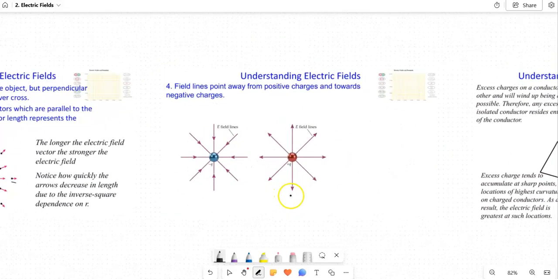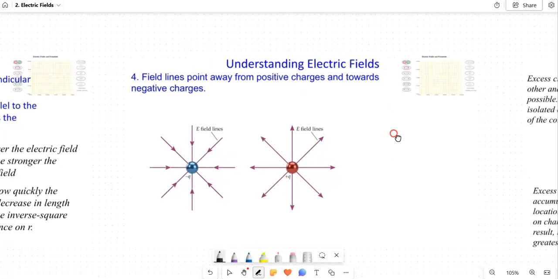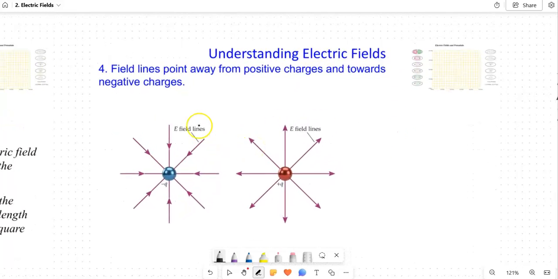Finally, as I had stated before, electric field lines are pointed away from positive charges and towards negative charges. So if you have a negative Q charge, all the electric field lines and those electric field vectors are going to be pointed towards it. If you have a positive Q charge, all the electric field lines are going to be pointed away from it.